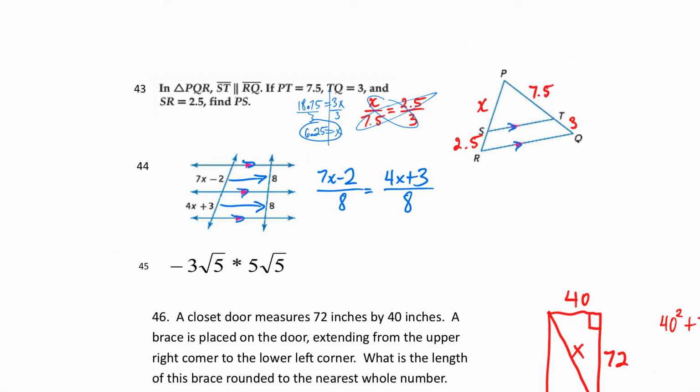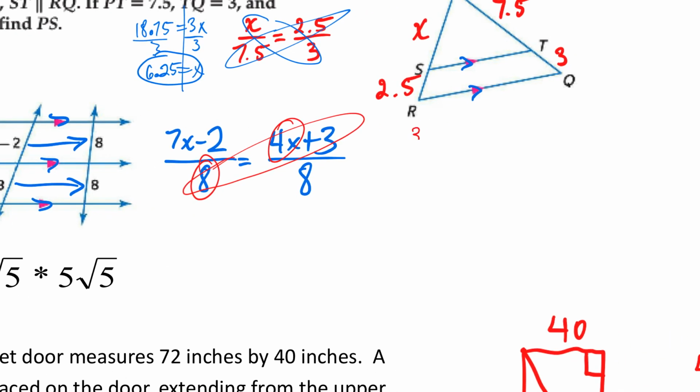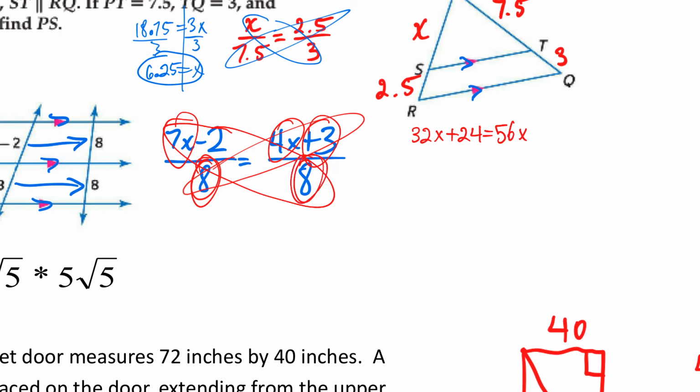Okay, so on this next one, 8 times 4x plus 3. What is 8 times 4x? 32x. What is 8 times 3? 24. Okay, now multiplying this way, what is 7x times 8? 56x, and what's 8 times negative 2? Negative 16.